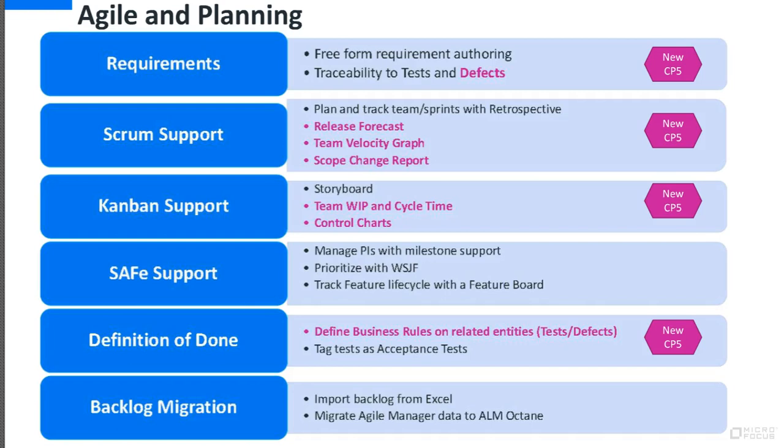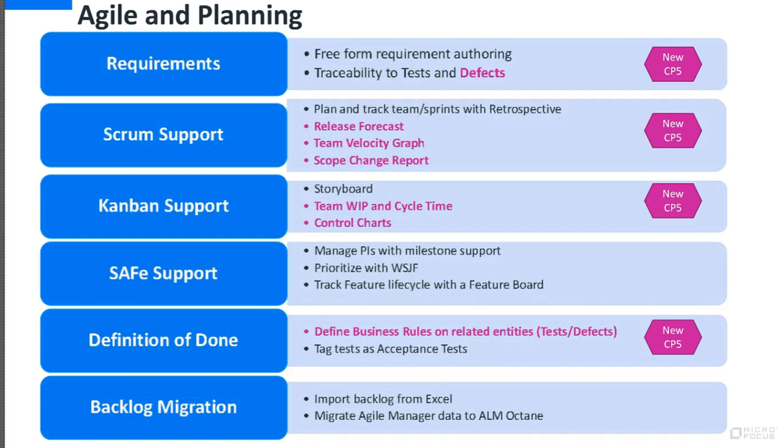Octane is built to support multiple methodologies, but it's very much aligned with the Scaled Agile Framework. We'll talk about it a bit later, but for now, what you can do for SAFe is create those PIs, program increments, and create milestones within those PIs for your deliverables.